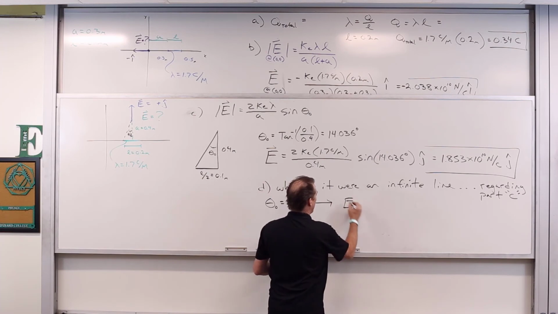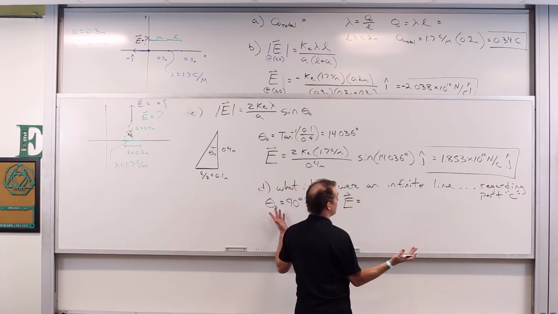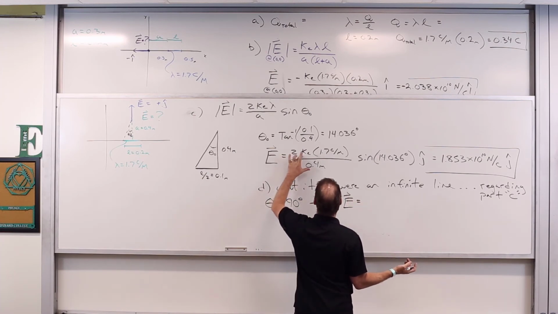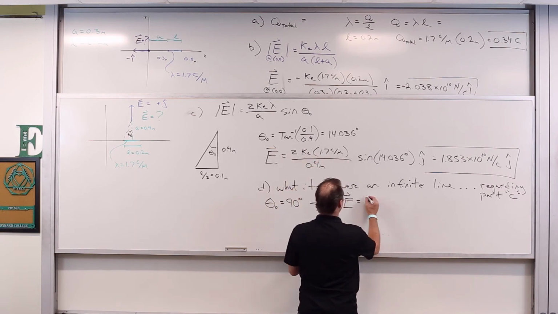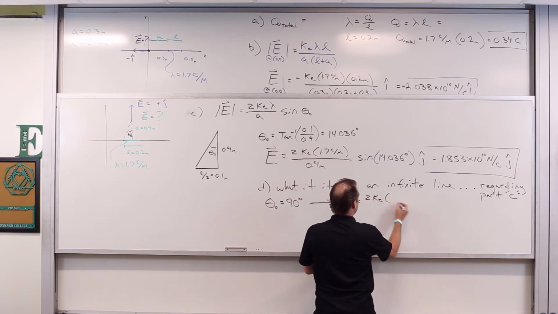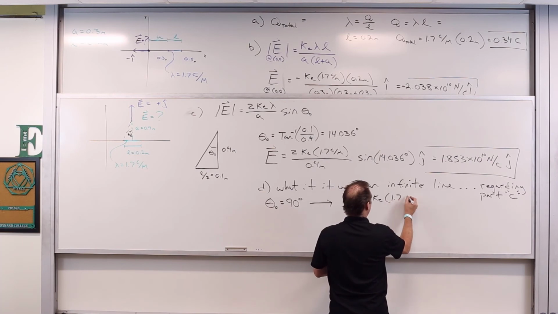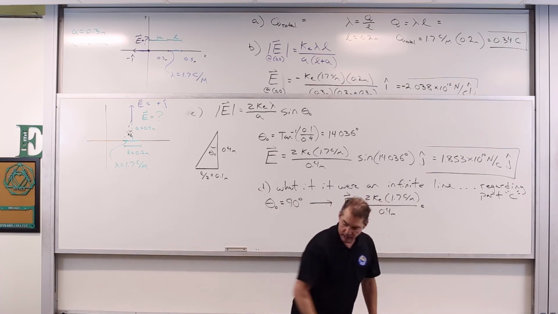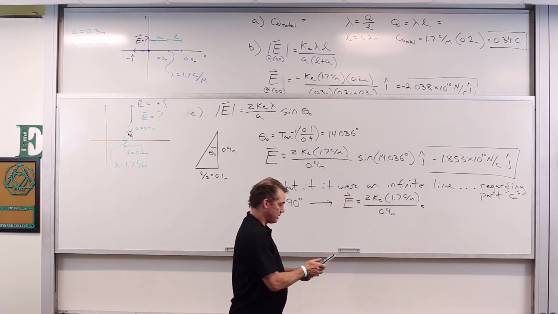So we've got that the electric field then is still going to be in the positive j hat direction. It's just going to be 2 k sub e lambda divided by A. 2 k sub e times 1.7 coulombs per meter divided by 0.4 meters, which we could just take this last answer and divide it by the sine of 14.036.